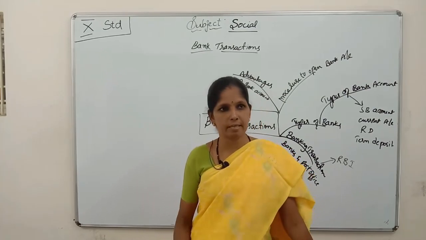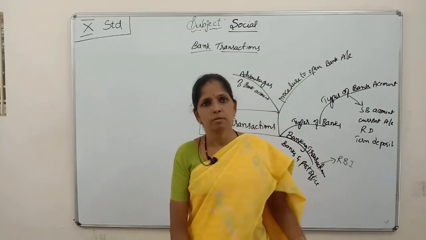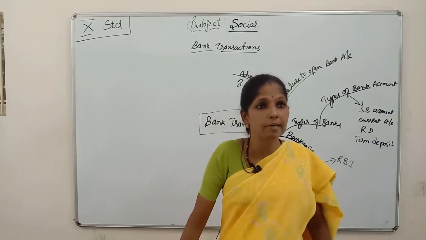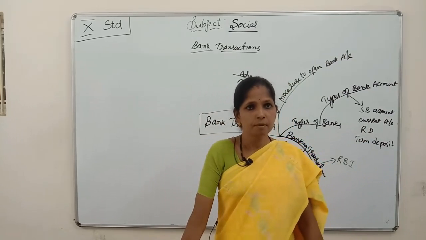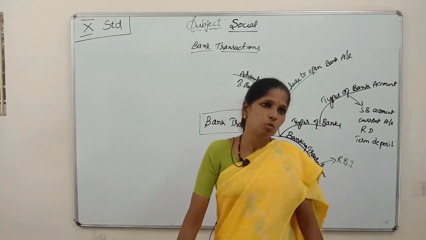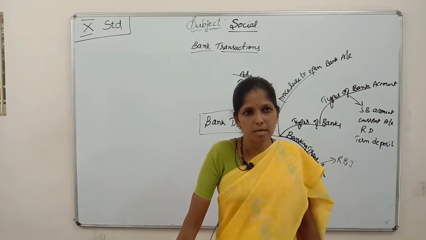So this current account is provided to businessmen who have a large number of regular transactions with the bank, and it includes deposits, withdrawals and contra transactions in case of emergency.